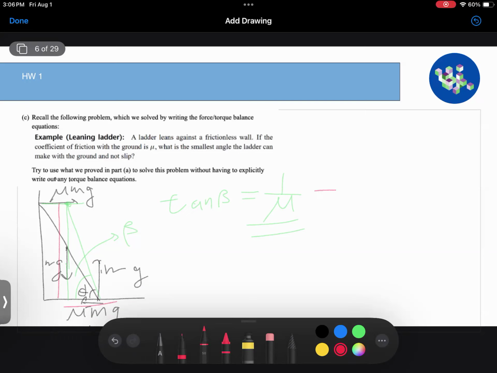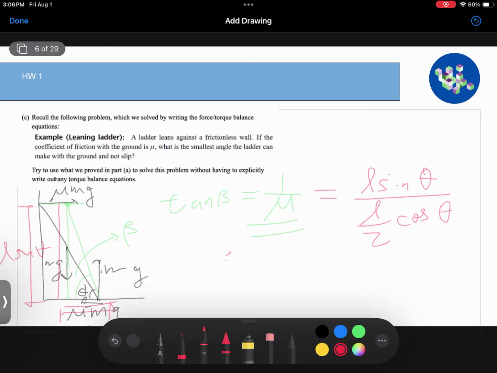It should also equal, because the ladder has full length L, L times sine theta, divided by this length over here, that's half of L cosine theta, so L over 2 cosine theta.